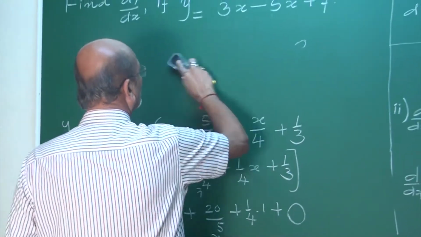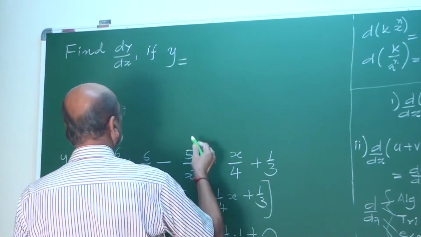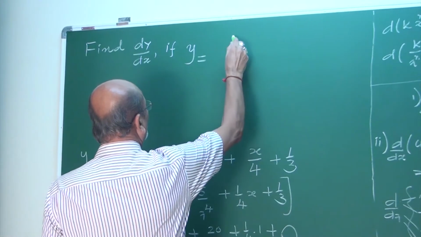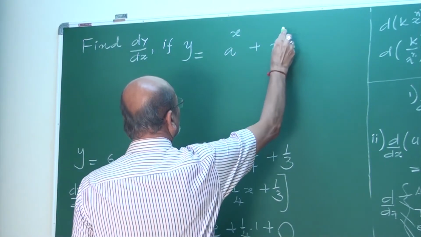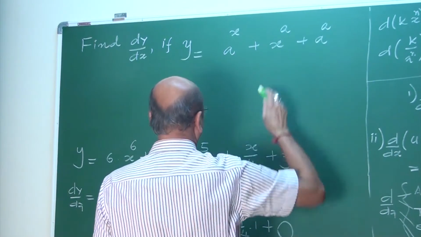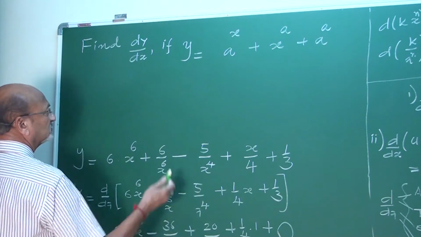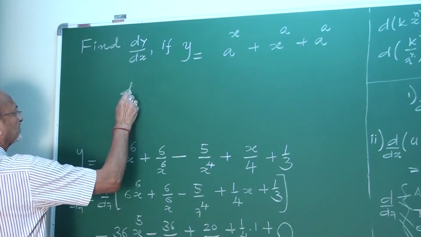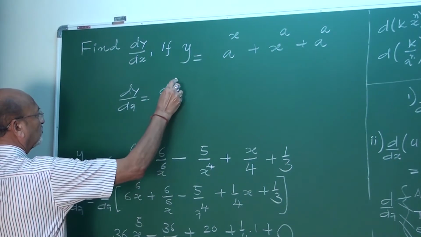Next is, find dy by dx if y equal to a to the power x plus x to the power a plus a to the power a. Yes, friends, dy by dx is derivative of the first.